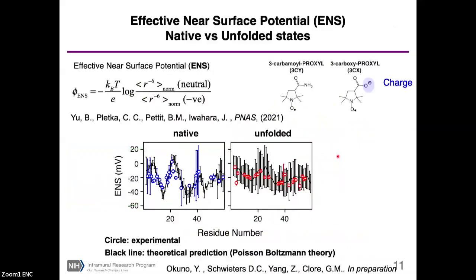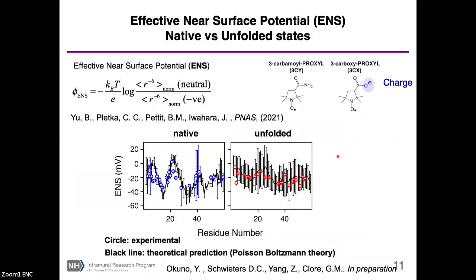And we wanted to get further insight about this, how electrostatic interaction plays a role in this chemical denaturation. And then we measured the so-called effective near surface potential, ENS, which was pioneered by Dr. Iwahara, who's giving a talk later in this session.